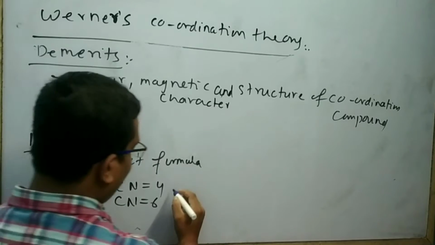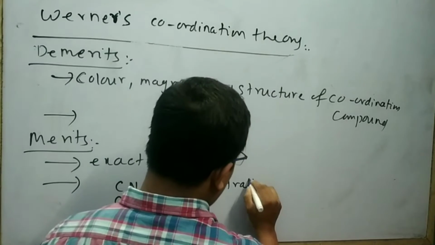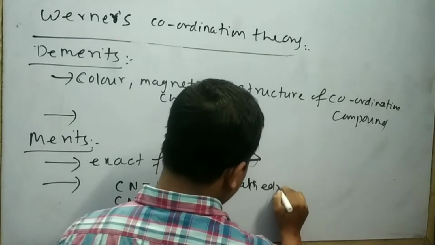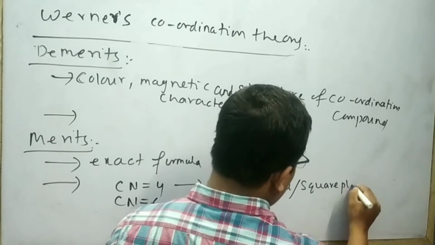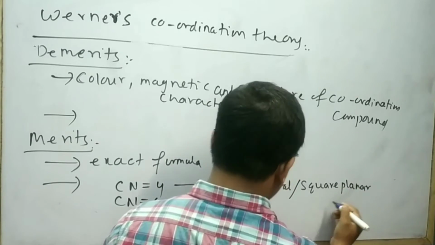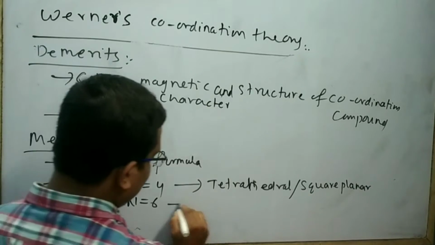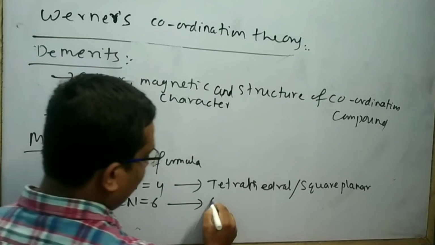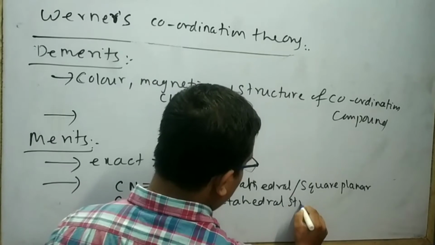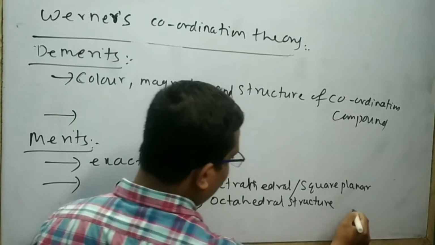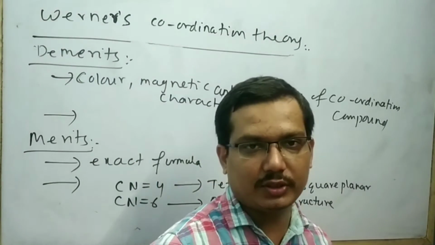Coordination number 4 gives the tetrahedral or square planar structure of coordination compound. Coordination number 6 corresponds to the octahedral structure of coordination compound. This is all about Werner's coordination theory.